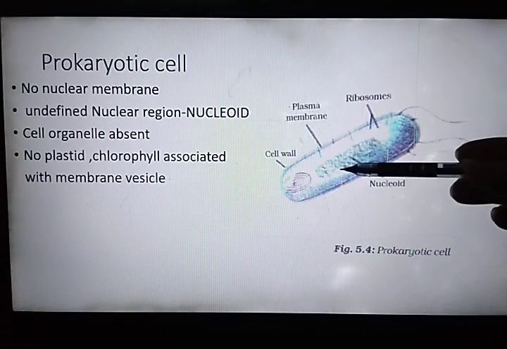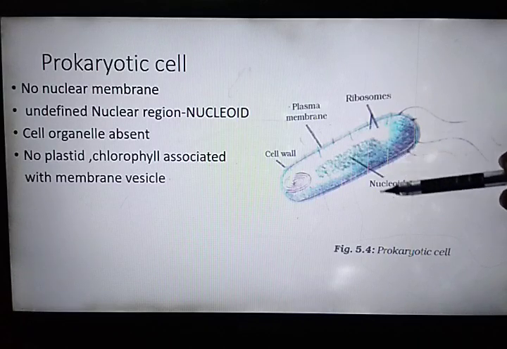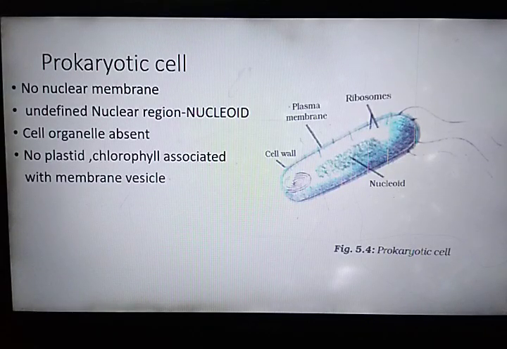Only the dense colored substance present in the cell is known as the nucleoid. Now, we were talking about cell organelles also. Double membrane bound cell organelles are present in the eukaryotic cell. But in the case of the prokaryotic cell, no double membrane bound cell organelles are present.